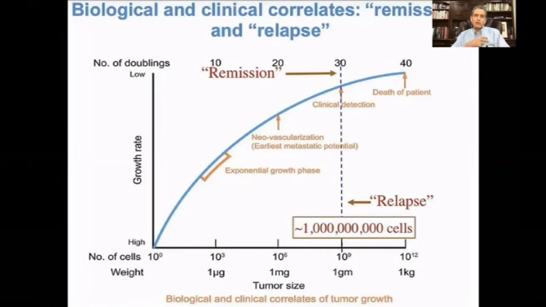Well, let's say that they do that and they shrink it and it goes away and they can't even find it anymore. Maybe you were over here and you were at 10 to the 10th. That might be a little bit vague, but the chemotherapy knocked it down, so, well, they can't find it anymore. They say, okay, well, we don't have to do surgery because there's no tumor to do surgery on. The chemotherapy worked, you're in remission.